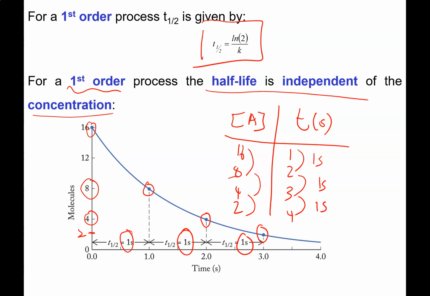So if you recognize a constant half-life, then that's an indication that the reaction is first order. And sometimes you can use that to your advantage.